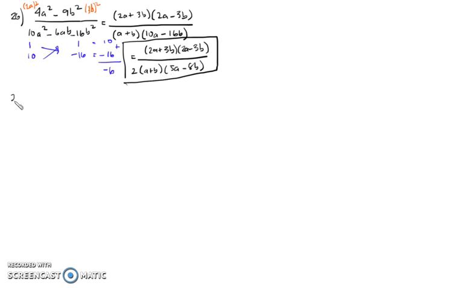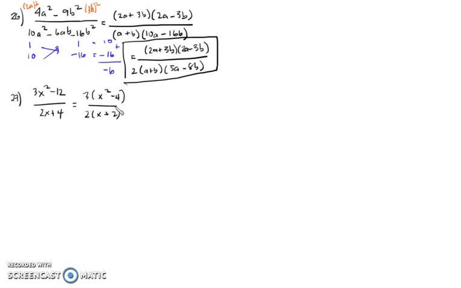Okay, so number 27, I have here 3x squared minus 12 all over 2x plus 4. I think you can do this easily. Factor out 3, that gives me x squared minus 4. Factor out 2, that gives me x plus 2.